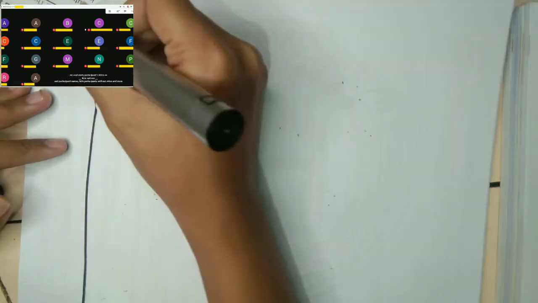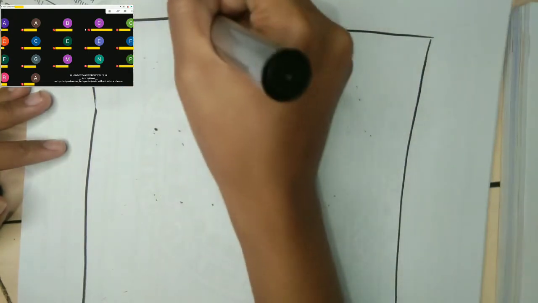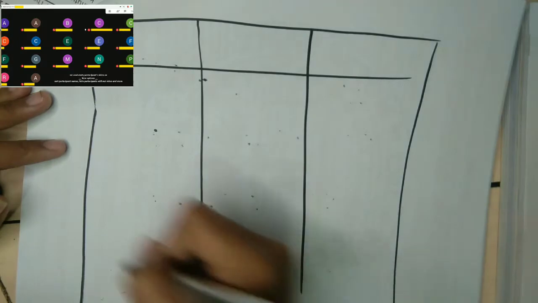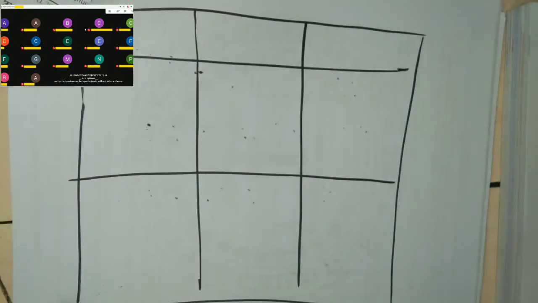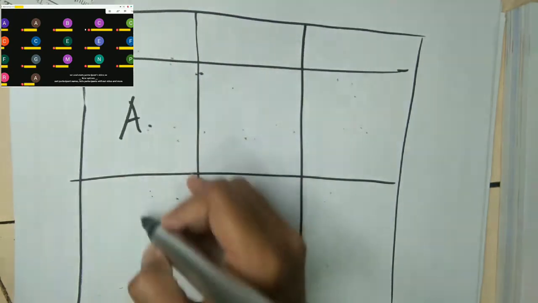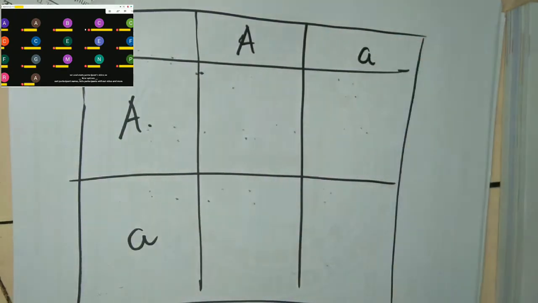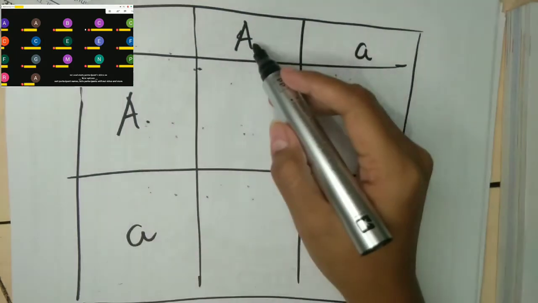Okay, so let's proceed with the sample problem number 3. If two roan cows are crossed, what is the expected genotype and phenotypic ratio of their offspring? So we have to put the traits of each roan.